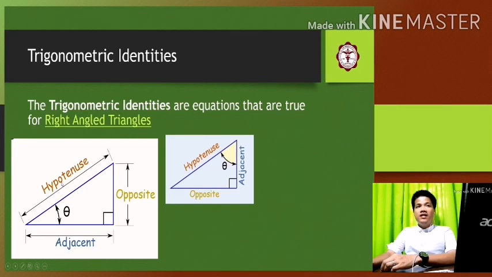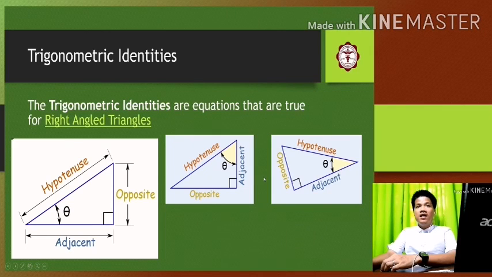In the same way, if theta is moved to the other angle, let's say on the upper part, this side is what we call the opposite, and the side near theta is our adjacent side, and of course the side opposite the right angle is the hypotenuse.